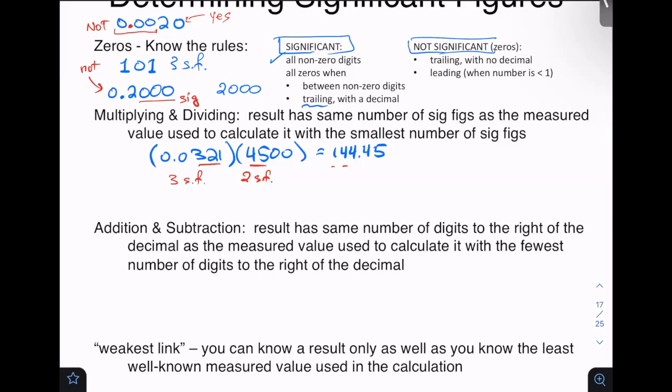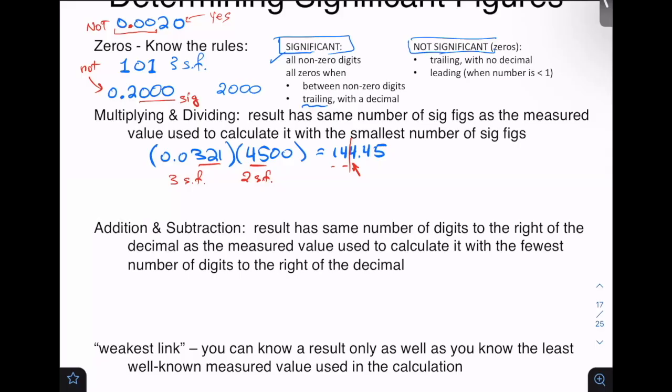So we have to apply a cutoff and some rounding. We cut off where we're going to report our significant figures, and then we need to apply a rounding rule. We only look at the first number that's cut off. We only look at this 4. We don't look at the 0.4 or the 0.5 to determine our rounding.